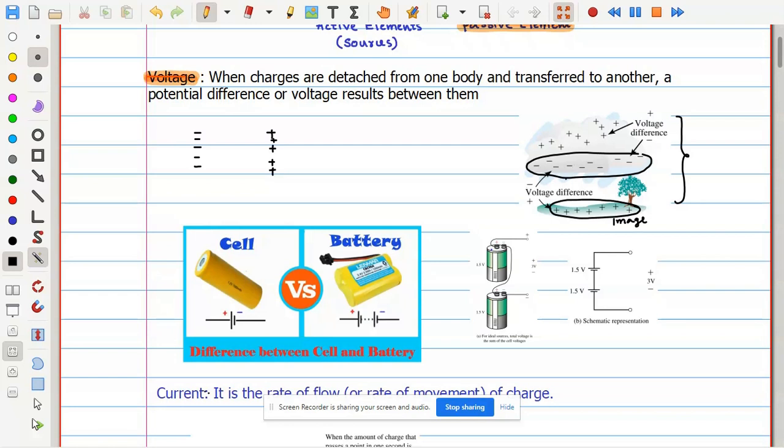This causes lightning and so on. When a tree is nearby these clouds, it will take the help of that, and through the tree it will try to discharge the energy. That is the lightning. So this is one simple way of understanding how charge gets separated, thereby inducing potential.